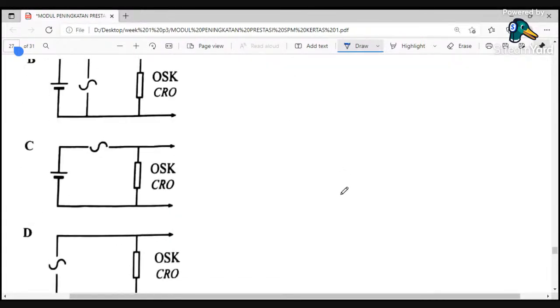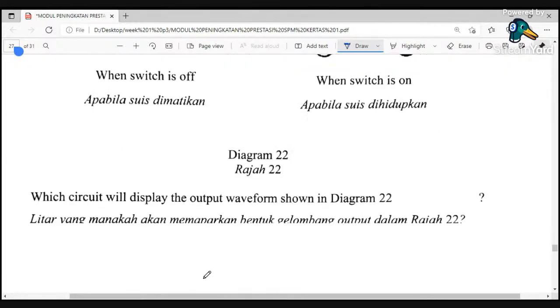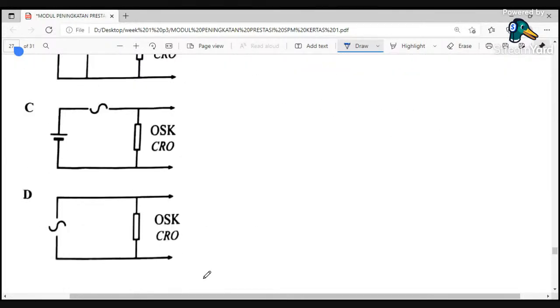Okay, kalau tengok di sini, kalau kita onkan time base, you boleh nampak pergerakan up and down and left and right at the same time. So ini ialah alternating current.